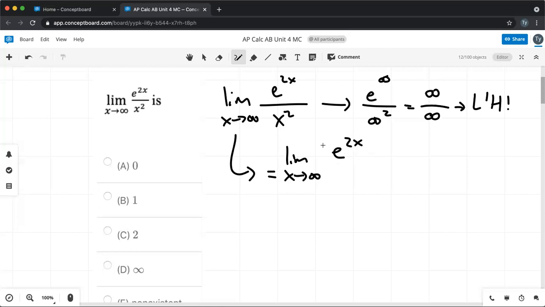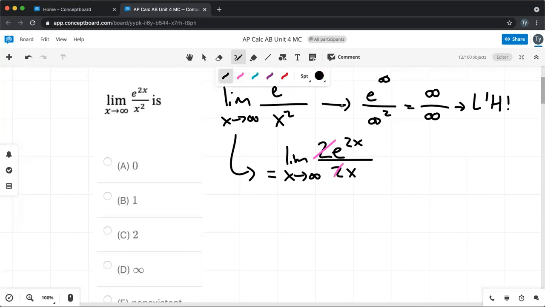So we need to multiply this by 2. So the derivative of e to the 2x is 2e to the 2x. And the derivative of the denominator is just power rule. We decrease the power by 1 and multiply by the old power, so 2x. And we can see here that these cancel out.